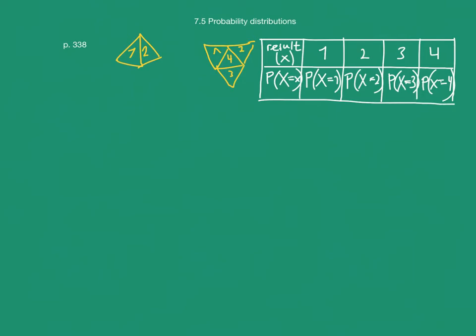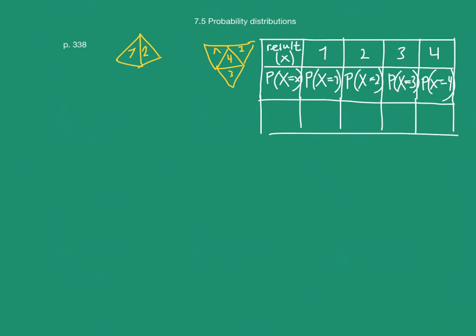And we could also write the value of these probabilities. Since this is a fair die, it should be equal chance for each of them.